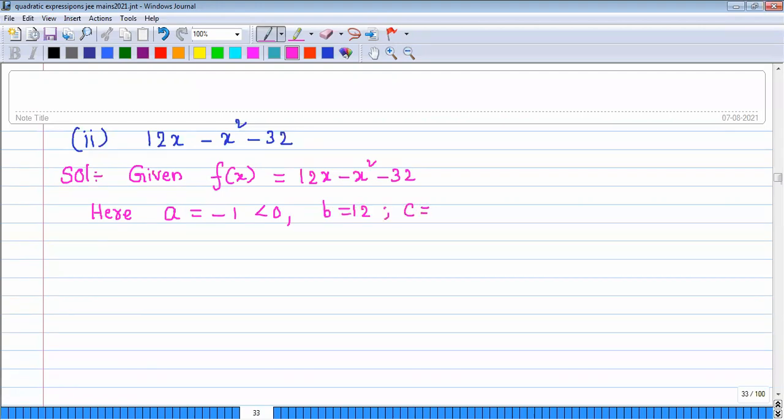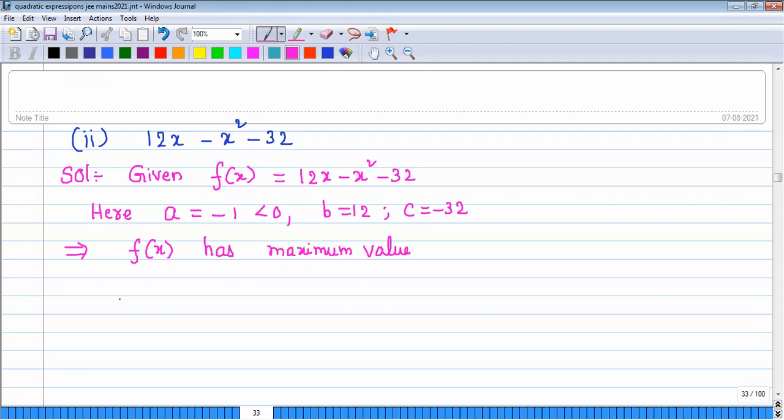Constant term c is equal to minus 32. So that implies, since the coefficient of x square is negative, f of x has maximum value.